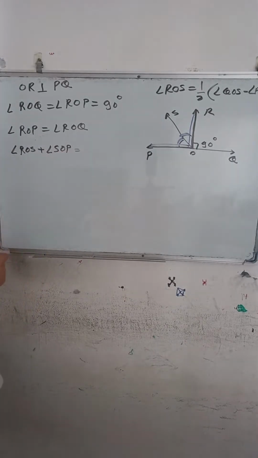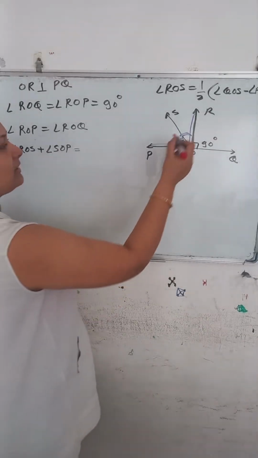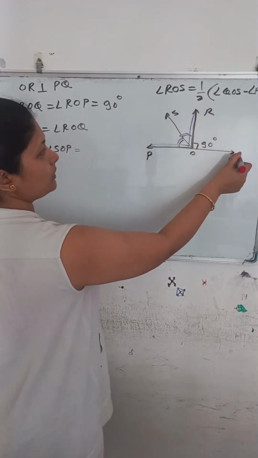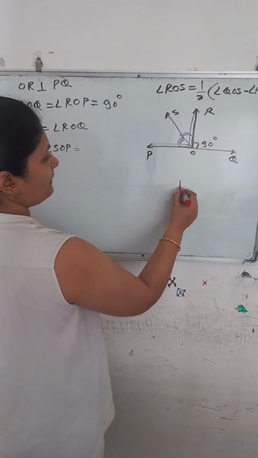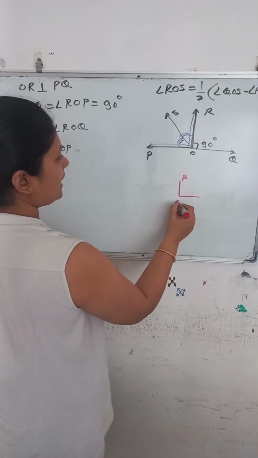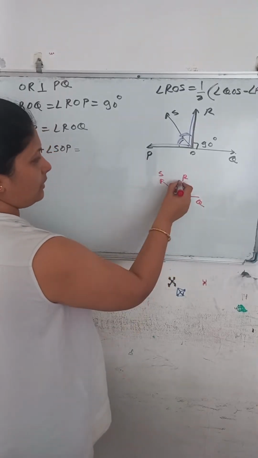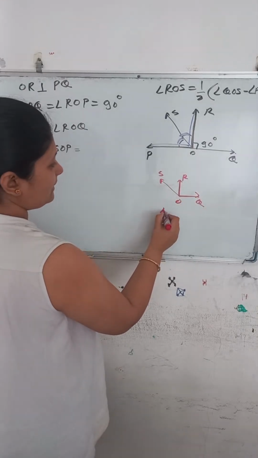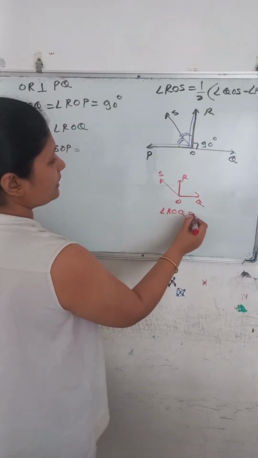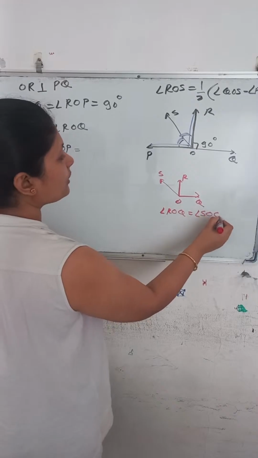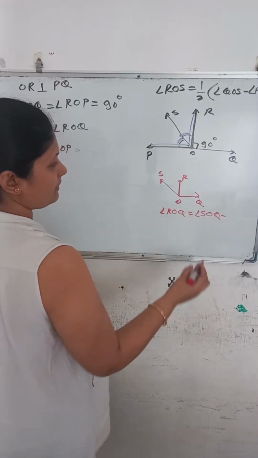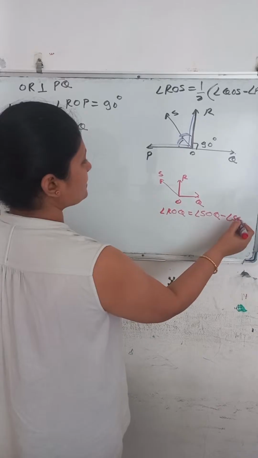Then ROQ. How can I write ROQ? Now if you see here, this is ROQ. Okay, suppose this is ROQ and this arm is given S. So I can write here angle ROQ is nothing but angle SOQ minus angle SOR.